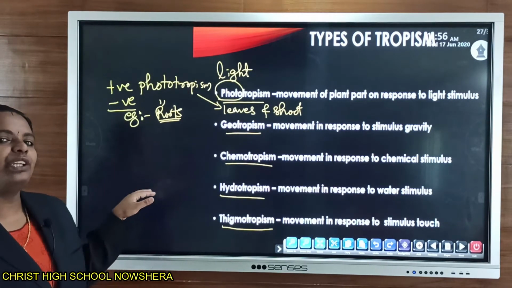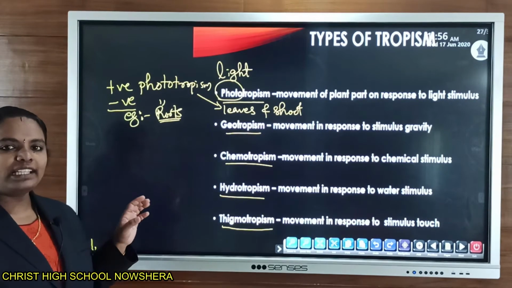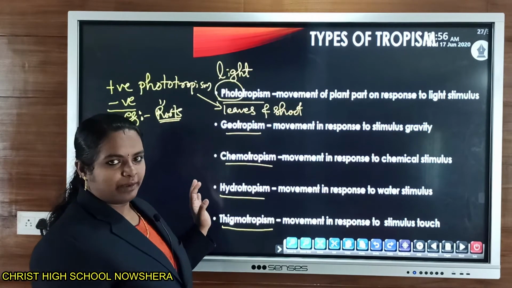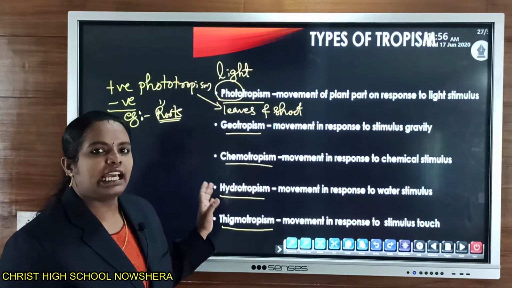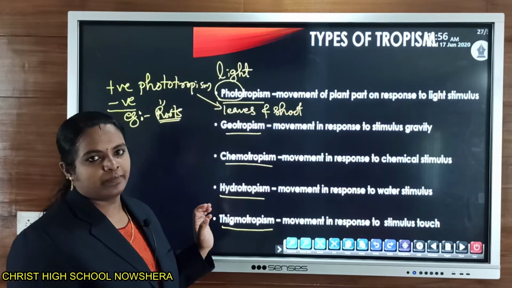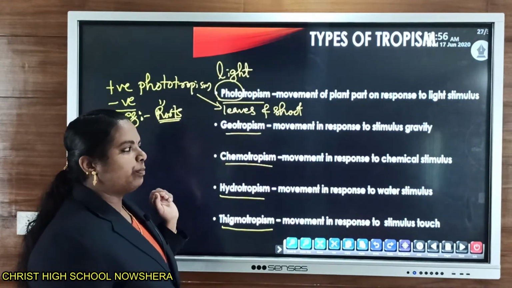That is why roots move deep into the soil. The upper part of the plant, like the shoot system including leaves, moves towards the source of light and shows positive phototropism.